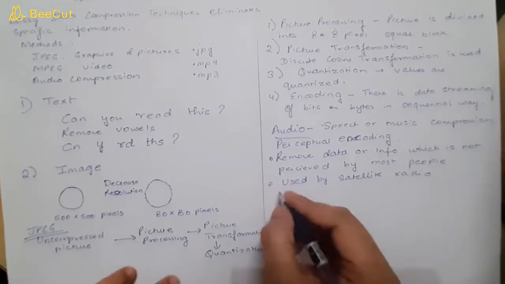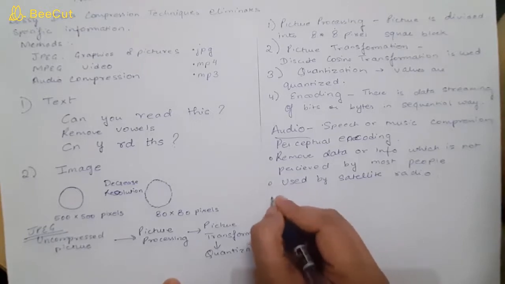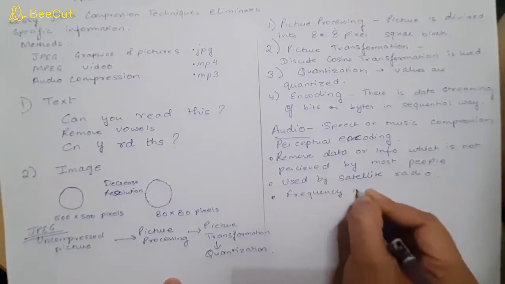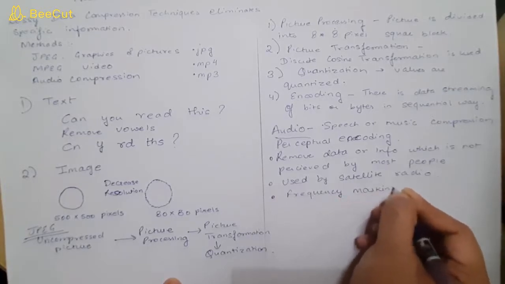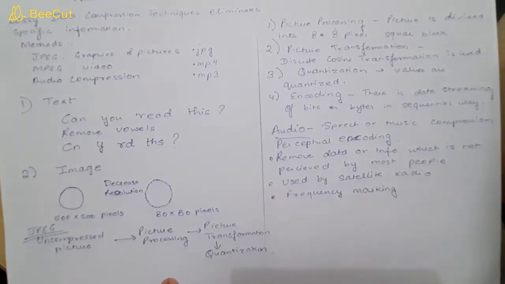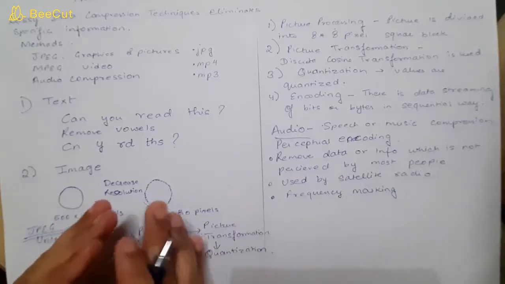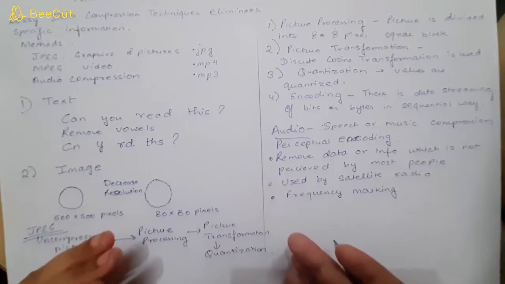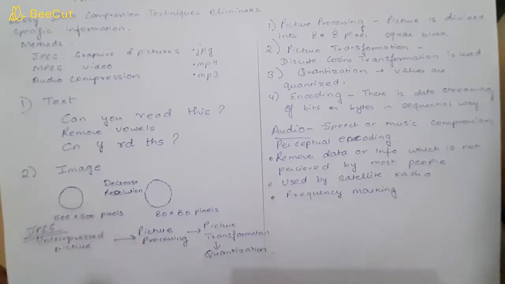What is frequency masking? If there is one sound and it is masked by another, louder sound, that is known as frequency masking, and the softer sound can be removed.